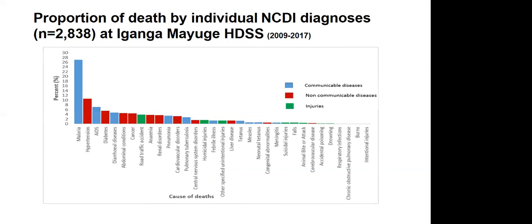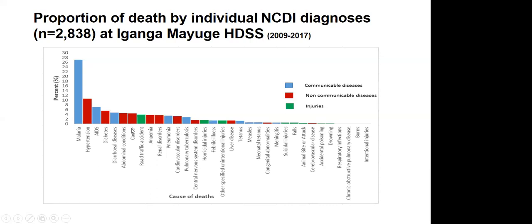We also found that the proportion of deaths by the individual NCDI categories in Iganga Mayuge is still high. So you can see the red bars are for NCDs. The commonest and the highest was hypertension.